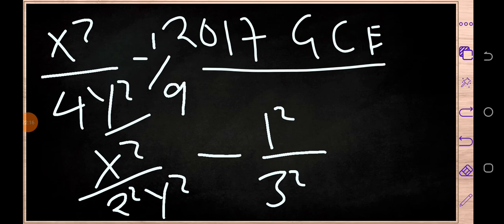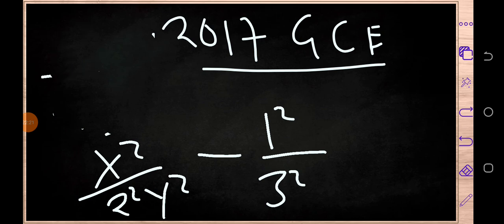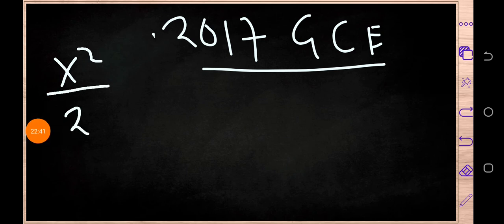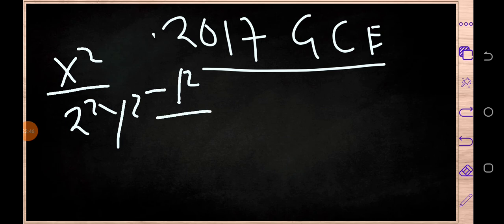So having done that, we are going now to factorize using the difference of what? 2 squares. So what our work will look like is this. So here, as you can see, we have got x squared over 2. Okay, so we are going to factorize now using the difference of what? 2 squares.